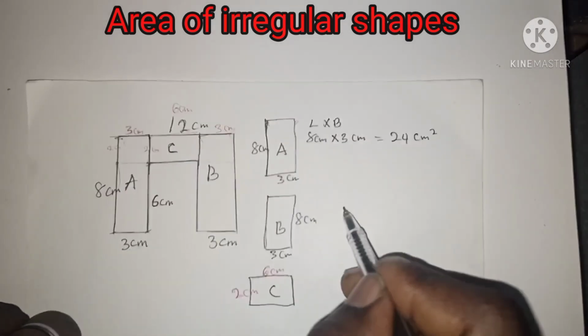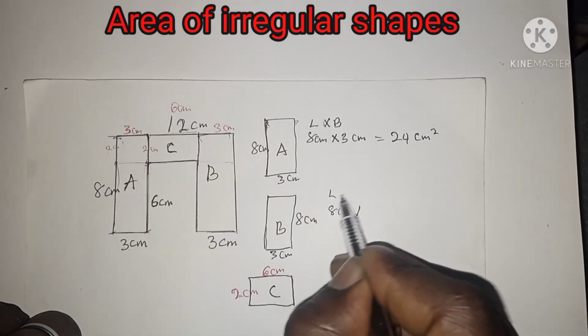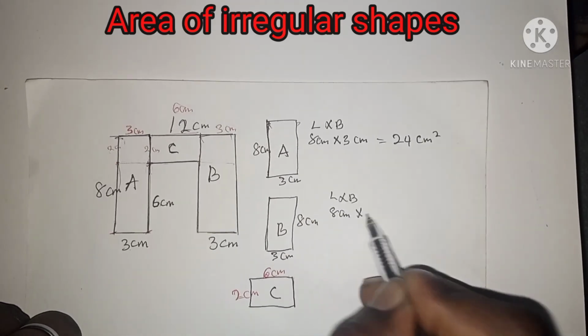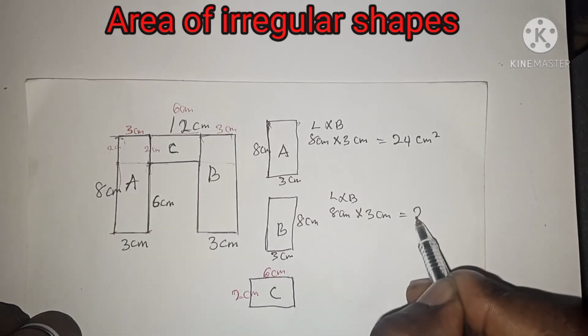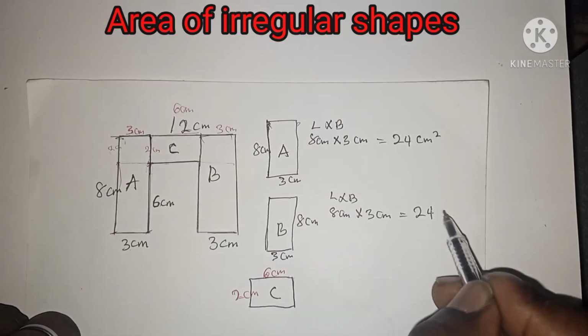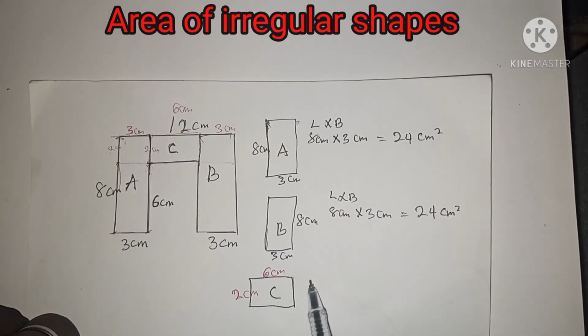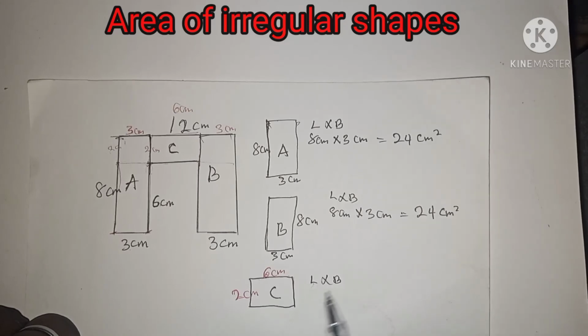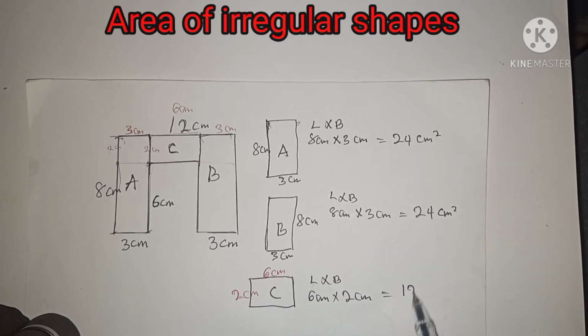And for B, length times breadth, 8 centimeters times 3 centimeters, equals 24 square centimeters. And this shape C, length times breadth, which is 6 centimeters times 2 centimeters, equals 12 square centimeters.